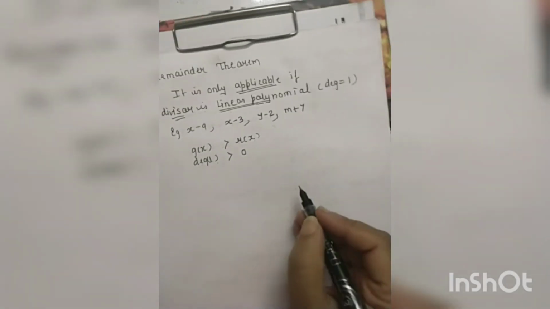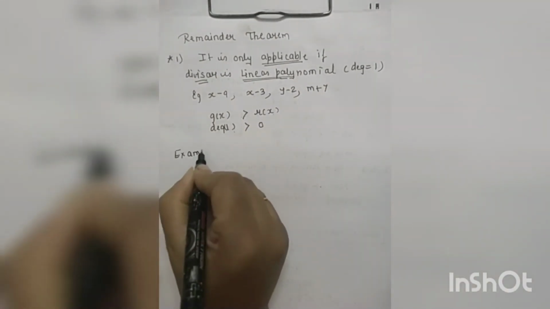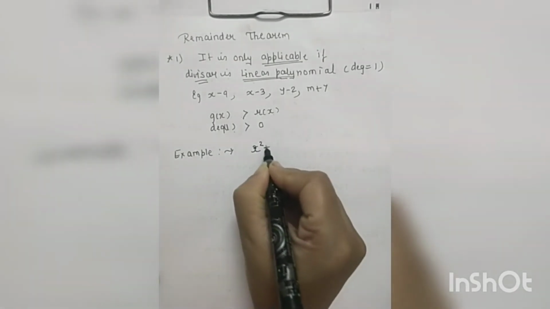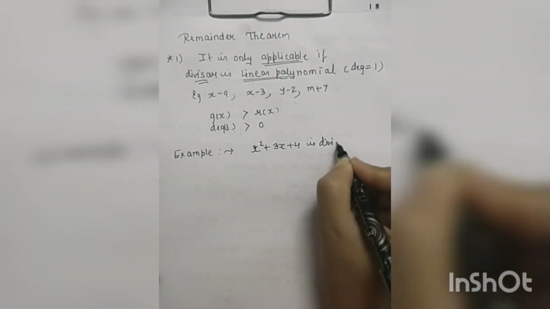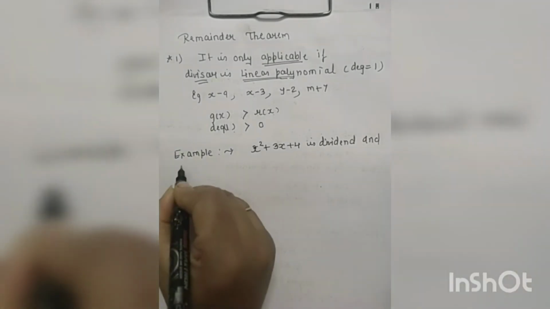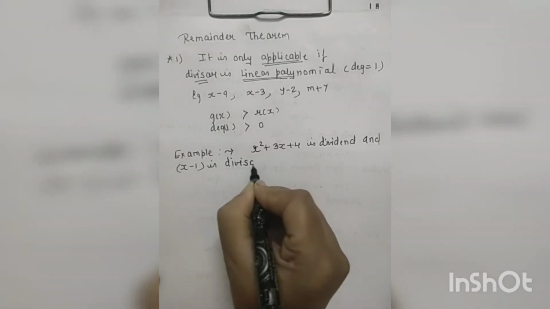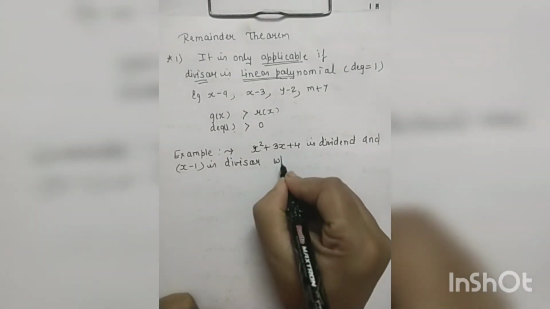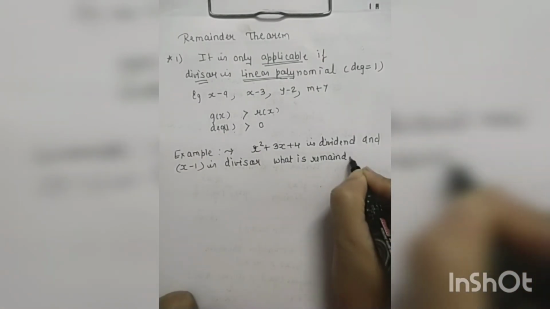For example, we will take this sum. If x square plus 3x plus 4 is the dividend and x minus 1 is the divisor, what is the remainder?